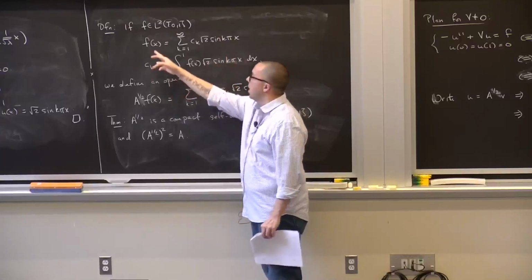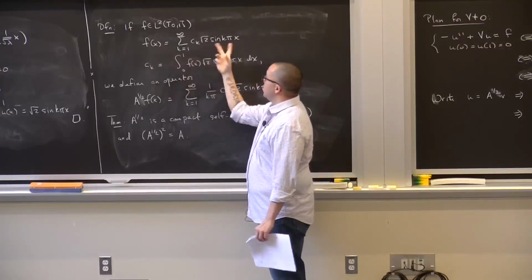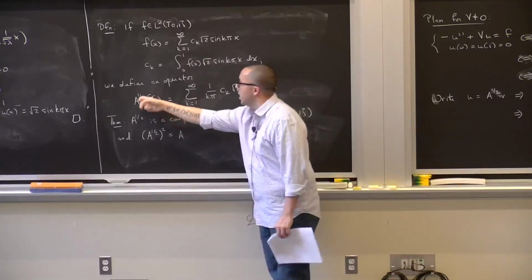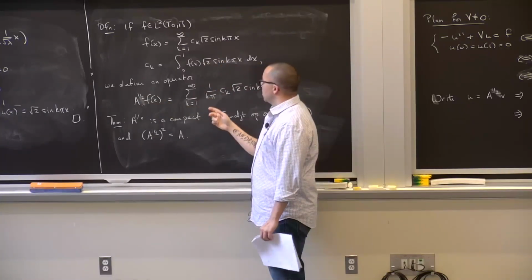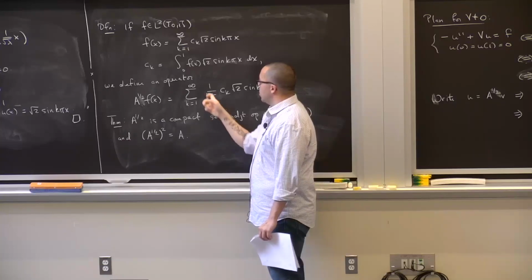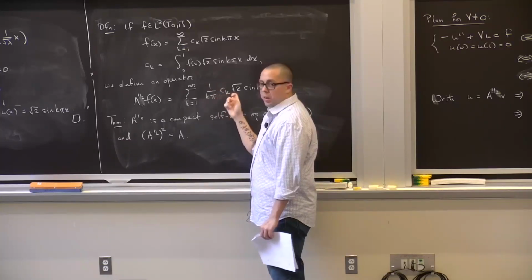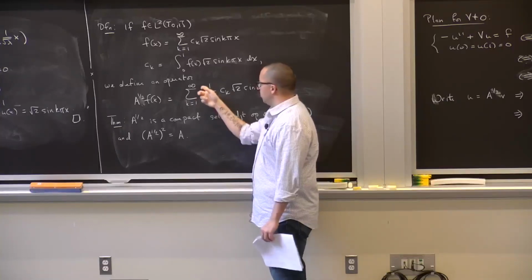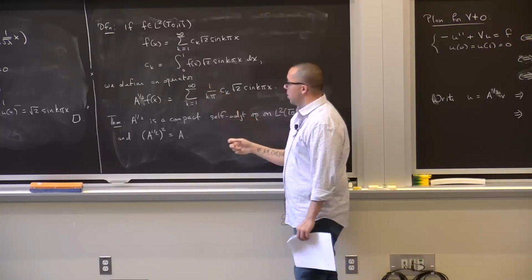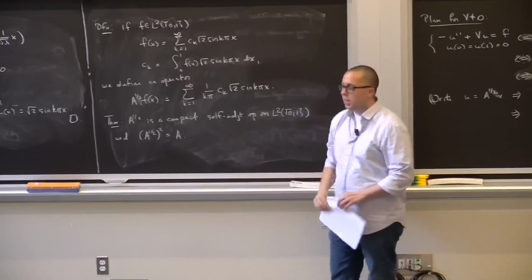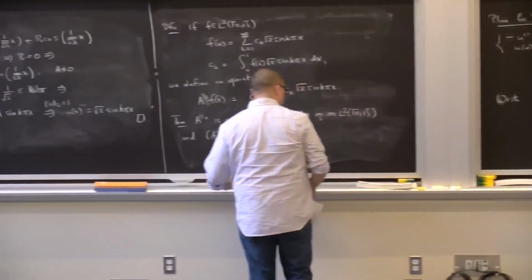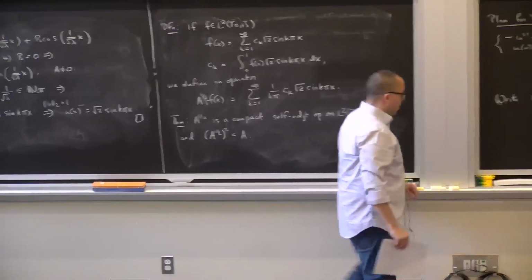So A applied to f would be this thing multiplied by 1 over k squared pi squared. And so it makes sense that A to the 1/2 should be something that when I apply it again, I get back A. Since I have 1 over k squared pi squared when I hit with A, if I multiply the coefficients by 1 over k pi, then this should give me what I want. And now it's just a process of confirming these facts that we need.